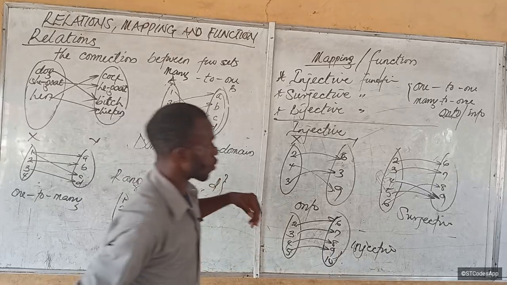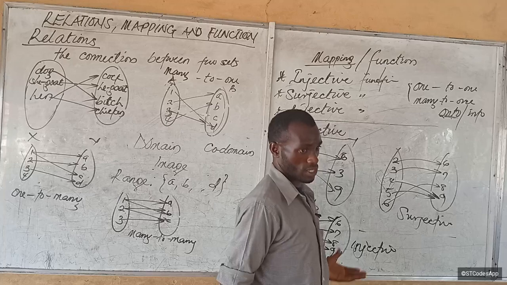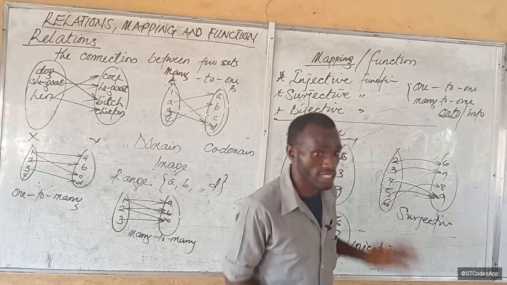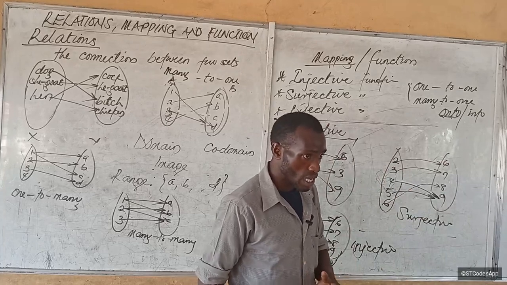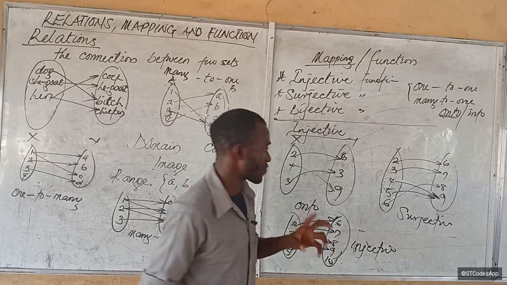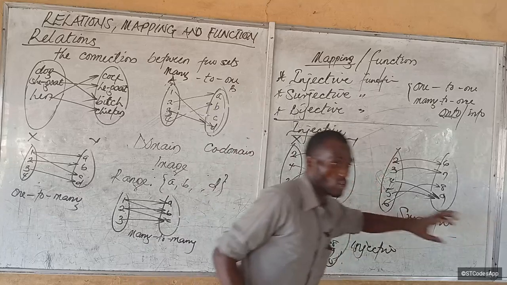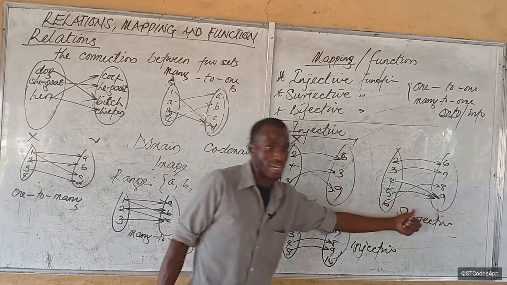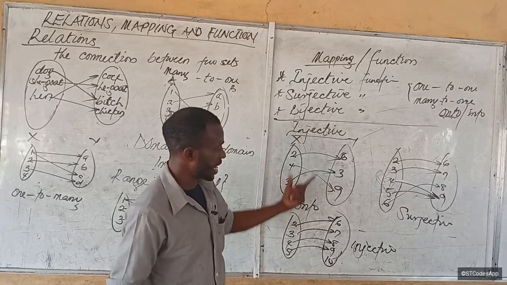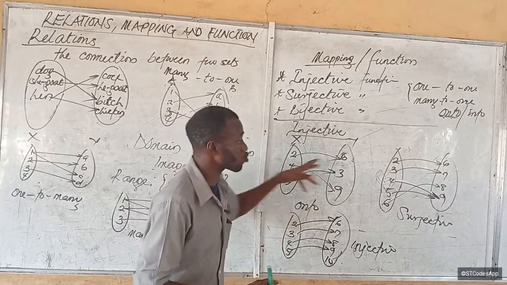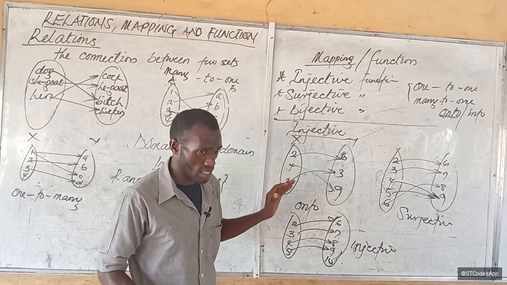Good. So for surjective, we can have many to 1. For surjective, the only idea is that everybody in the codomain must be mapped onto. So if that is the case, then it will be surjective. But a surjective can be a bijective, in the sense that this one is bijective only because it is 1 to 1 and everybody is mapped. Does that make sense?